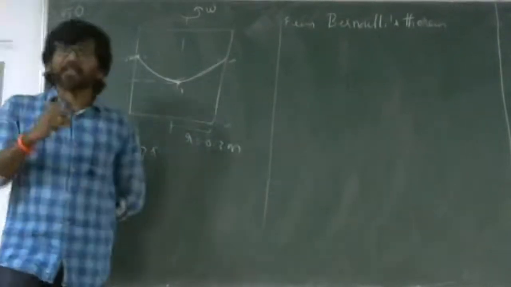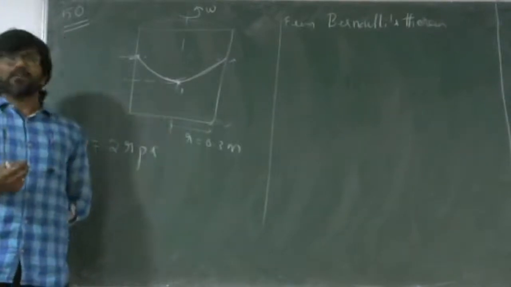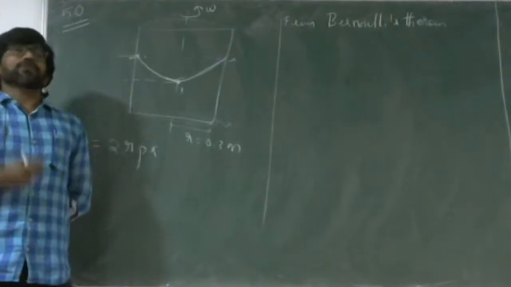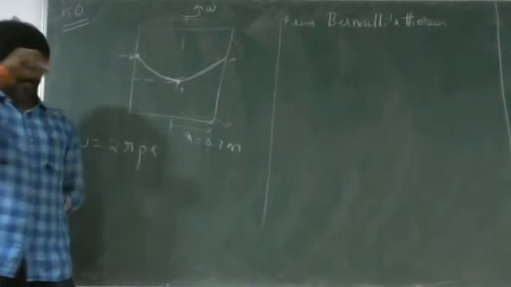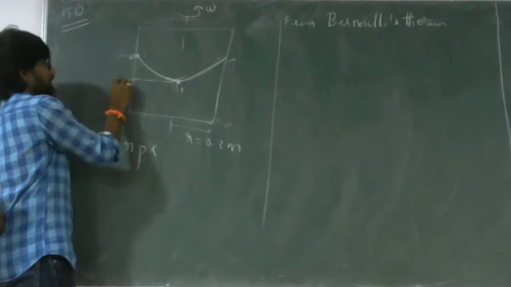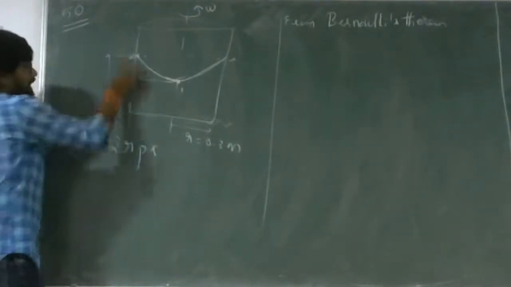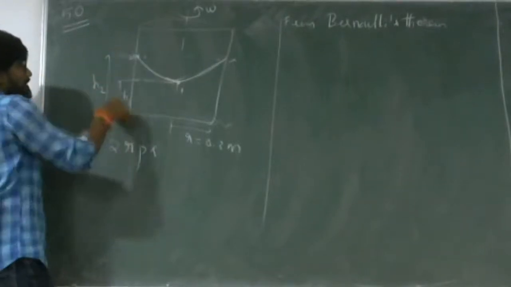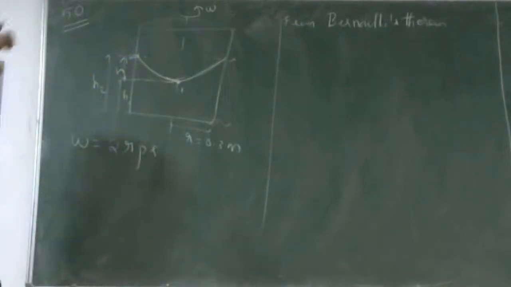Bernoulli's theorem says that in case of a flow of liquids, fluid dynamics, whenever a fluid is in dynamic condition or state, the sum of the pressure energy, kinetic energy and potential energy will be constant. And it will be at two different levels. Levels means heights we observe. So if we take the total height of this as h2, and at the second point this is h1, the difference between these gives you this height. This is what you are supposed to find. H is equal to h2 minus h1.